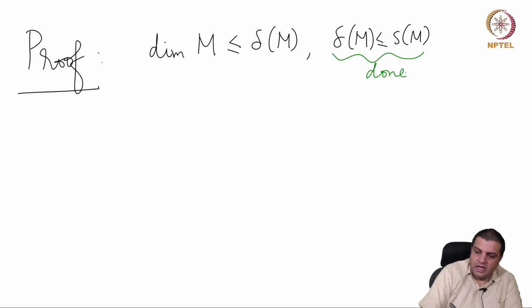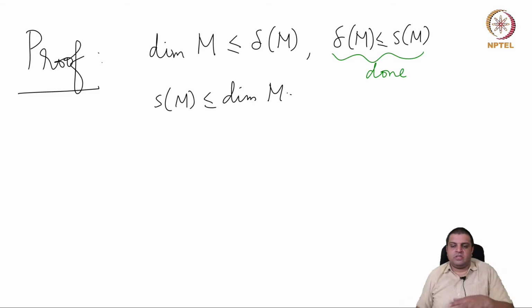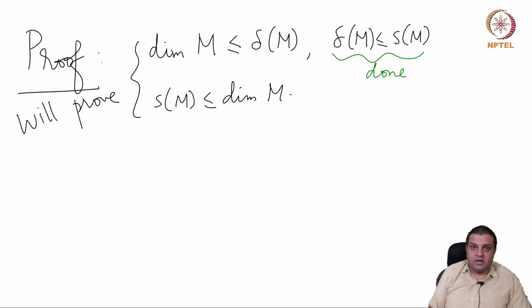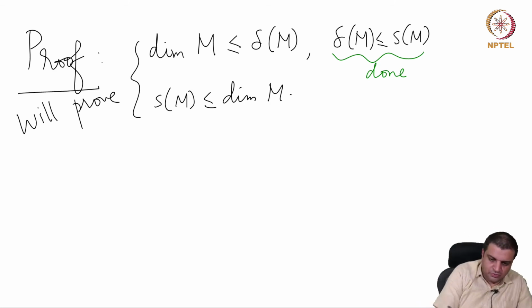And then finally we will prove that Sm is less than or equal to dim. So if we prove the 3 inequalities, we'll finish. We'll prove these 2; this is already done. So let's prove this and this.